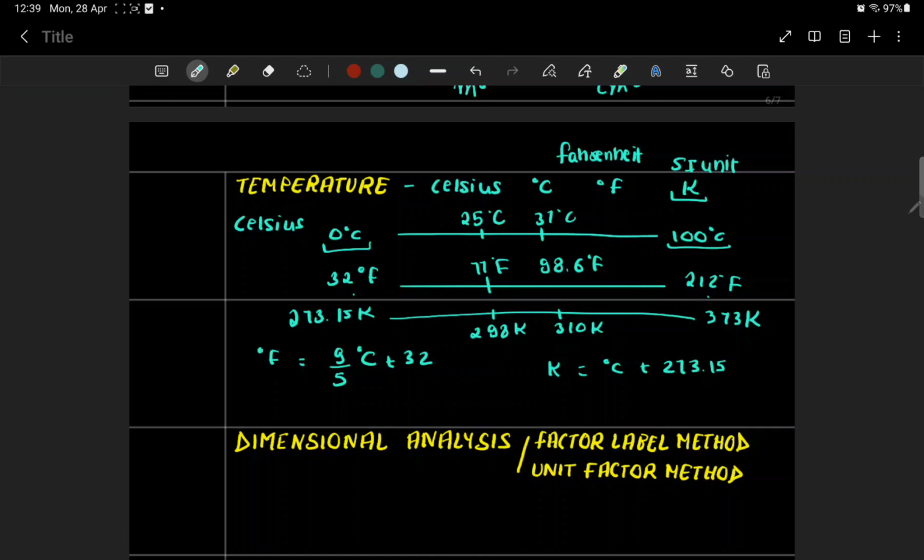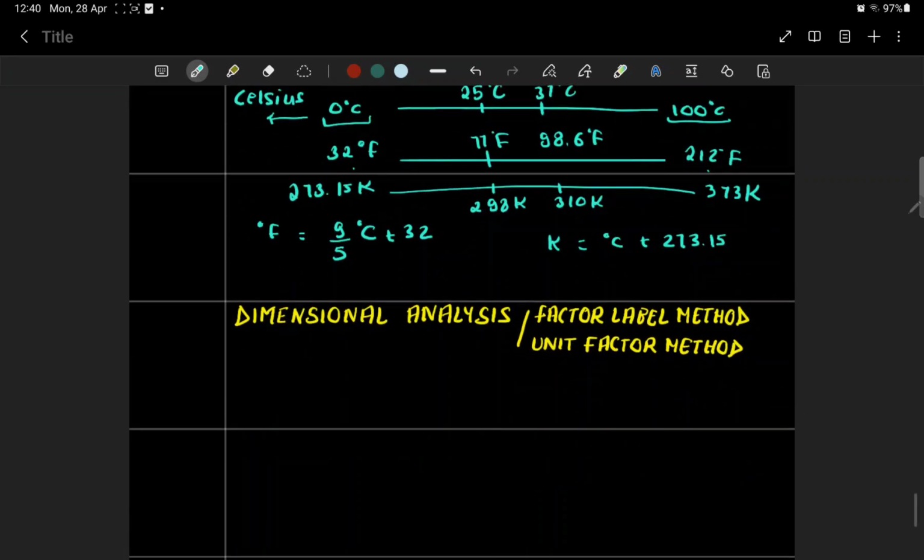Like that you can convert these scales. The negative scale is only possible in Celsius scale below 0 degree Celsius. The negative scale is not possible in Kelvin.